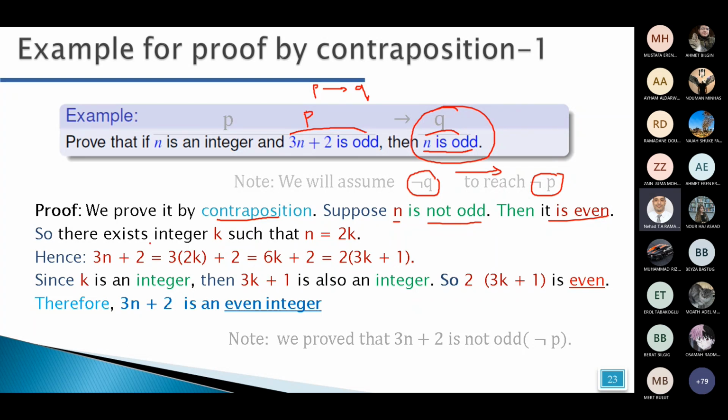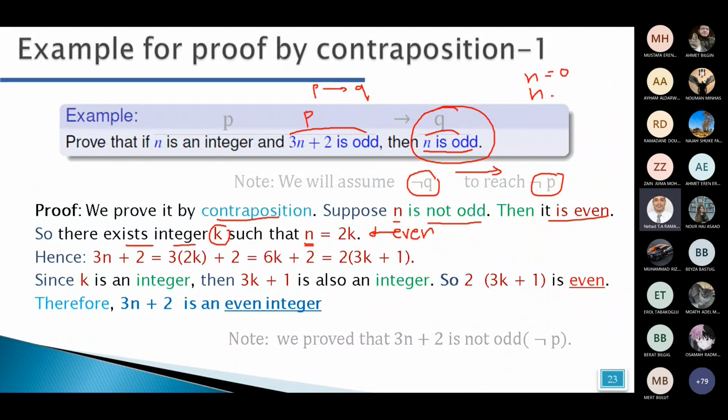If n is even, then there exists an integer k such that we can write n equal to 2k. This is the general form for an even number. You can calculate it actually. If k equals 0, then n equals 0.